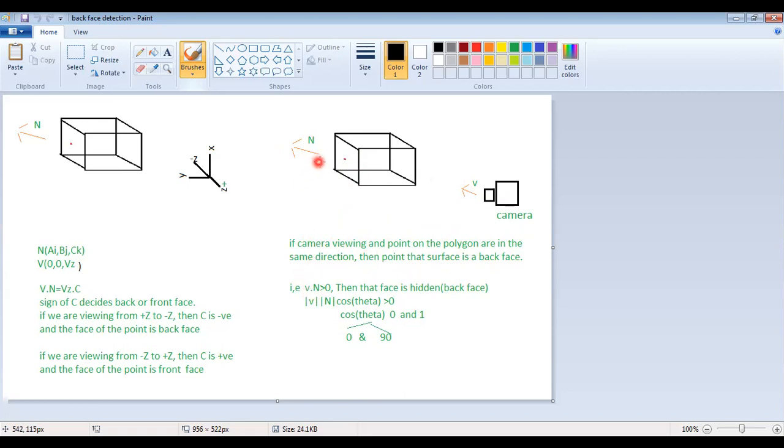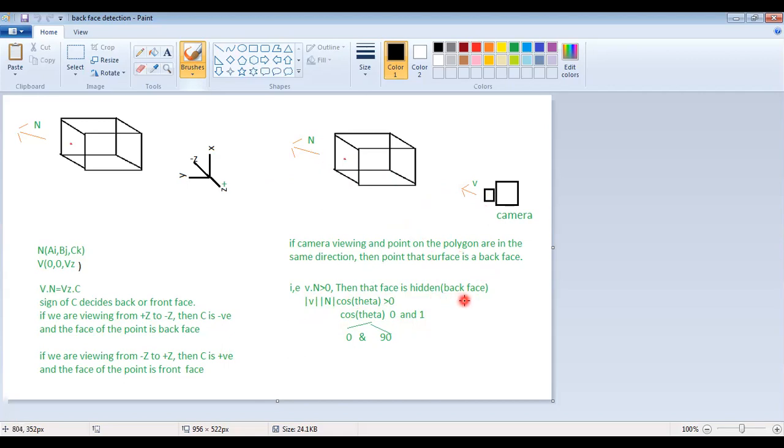Normal vector means the vector coming out of my point, and viewing vector means the vector coming out of the camera. If the dot product of the viewing vector and the normal vector is greater than 0, both are in the same direction, and that surface is a back face, which means the face is hidden.